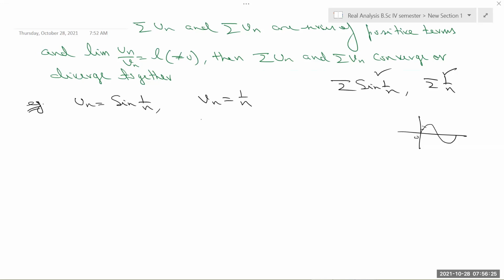Now we can apply the comparison test, because these two are series of positive real numbers. Now look at the limit of un by Vn where n tends to infinity.